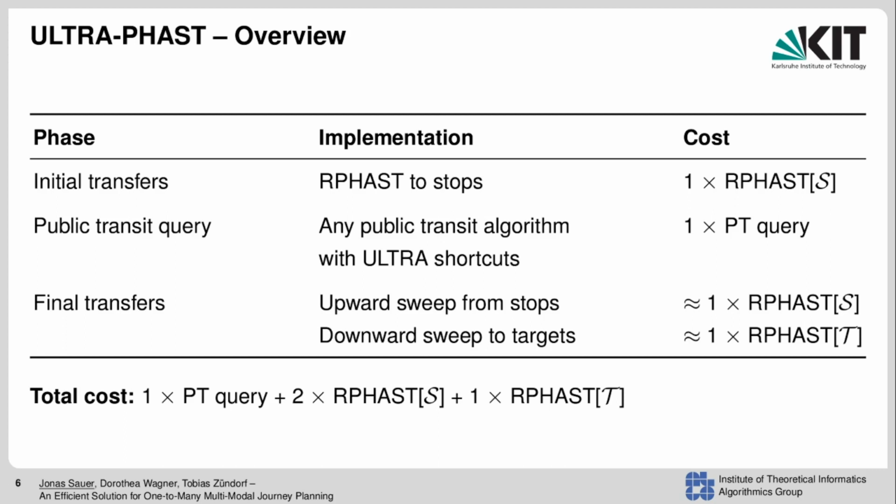And in the third step, we have an upward sweep from the set of stops, which is approximately as expensive as an rFast search to the set of stops, and then a downward sweep to the set of targets. So in total, the cost of our algorithm is one public transit query, two rFast searches to the set of stops, and one rFast search to the set of targets.